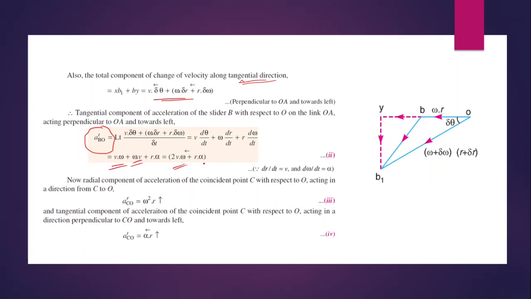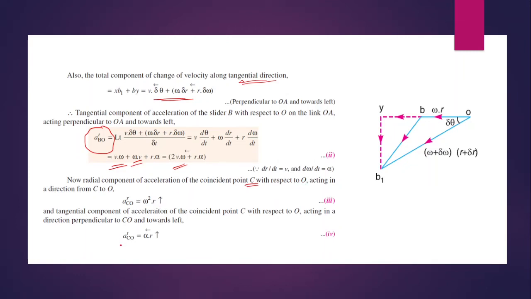Now the radial component of acceleration of the coincident point C with respect to O, acting in the direction of C to O, is omega square r.